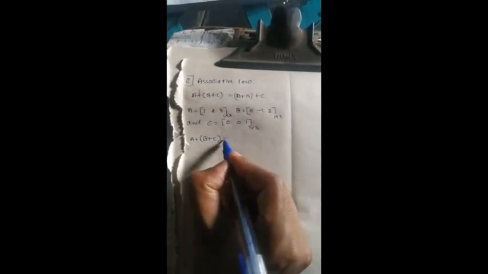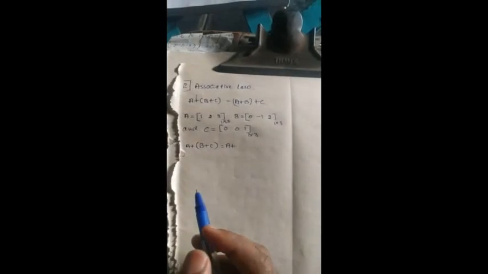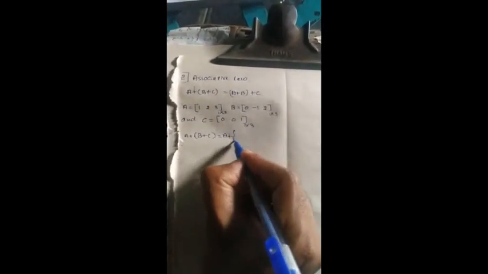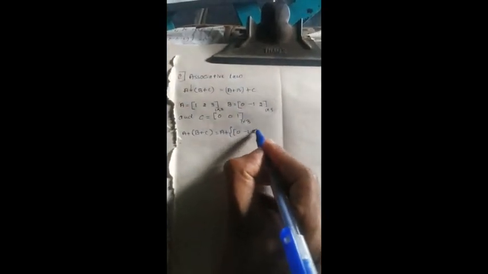Then by taking LHS, we have to prove the RHS: A plus of B plus C. First I will keep the A plus as it is, and whatever is inside the bracket, I will solve first. B plus C is 0, minus 1, 2, plus 0, 0, 1.